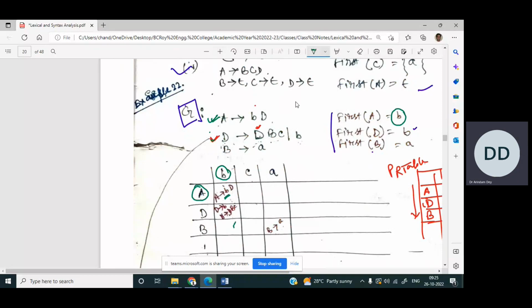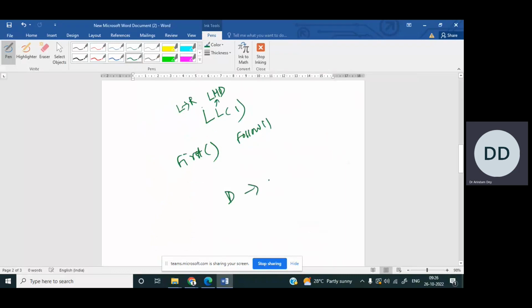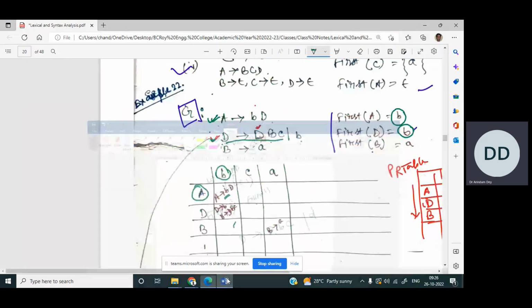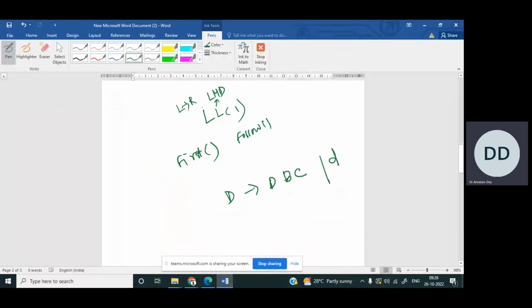First of capital D, what is the first of capital D? It is a small d. Two productions are there. Either I can take this production or I can take D to d production. By both productions, I can generate small d. Why? Because D is generating capital D, B, C or small d, right?